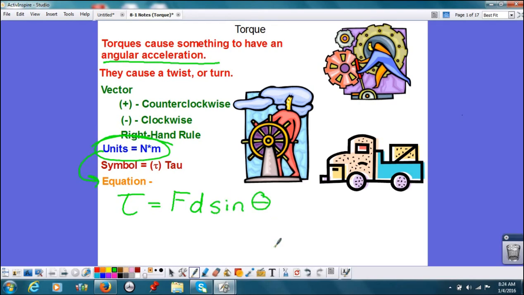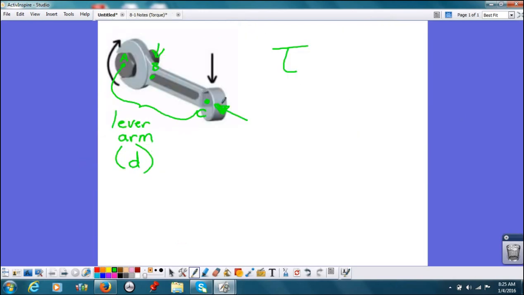We kind of left that part out earlier. Didn't mention it a whole lot, but there's an angle component to this. So let's go back and look at our picture here. Again, if I apply a force in this direction, I'm not going to rotate the wrench. I have to apply it perpendicular to my object here.